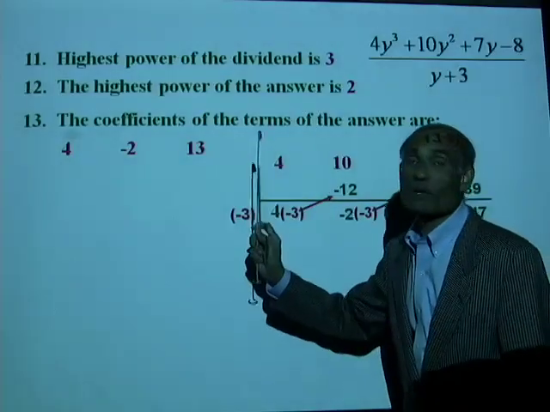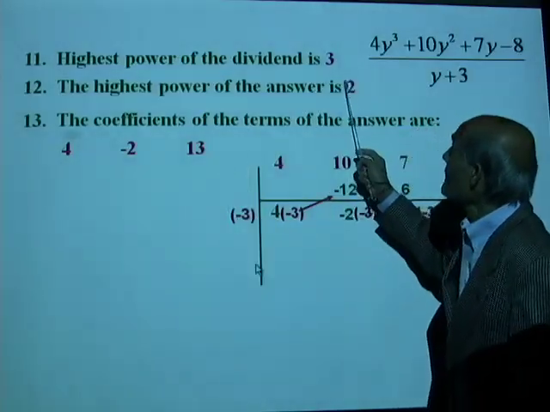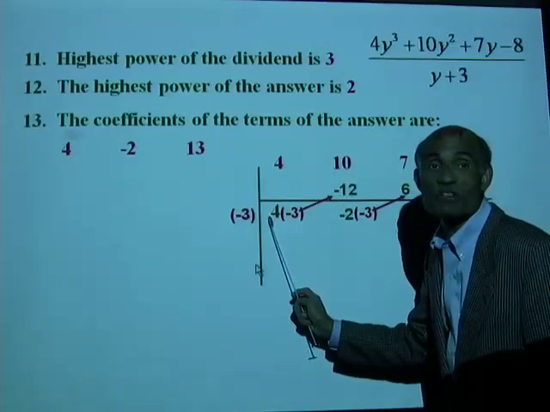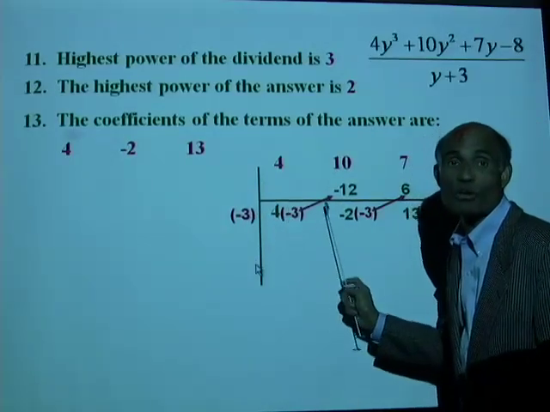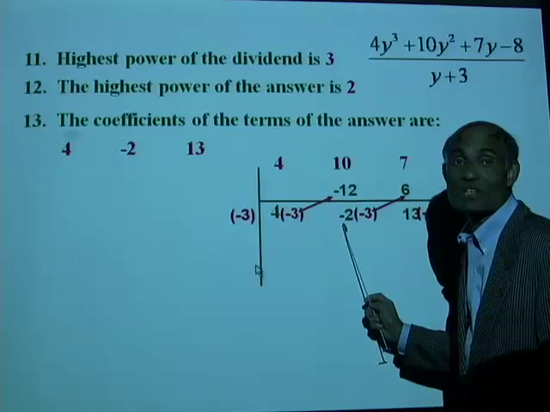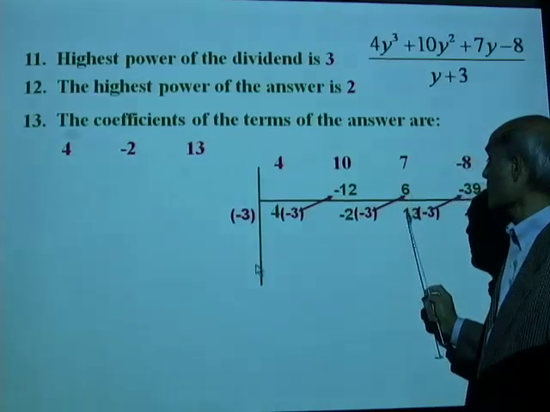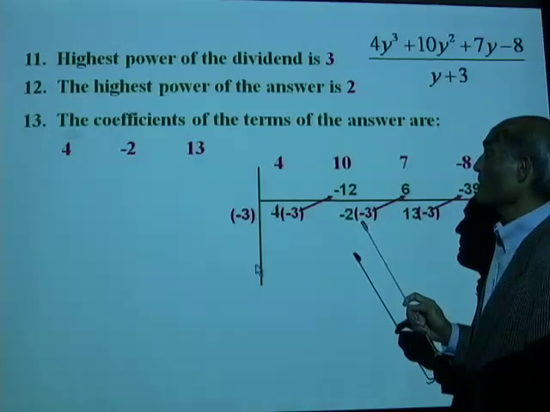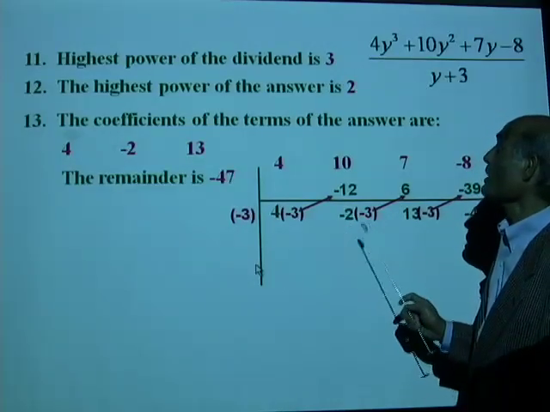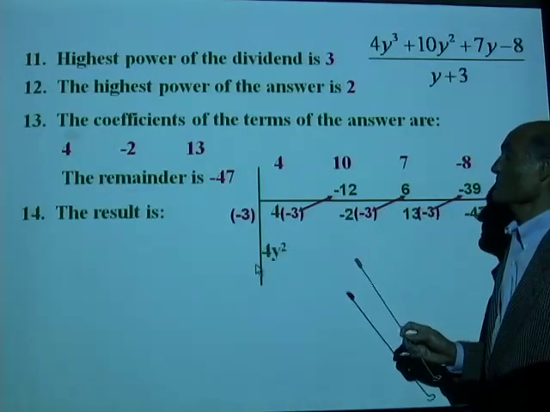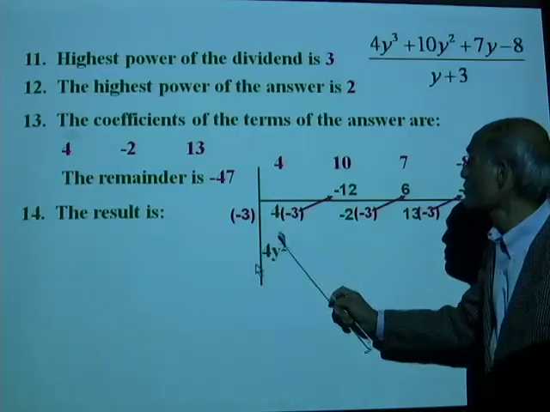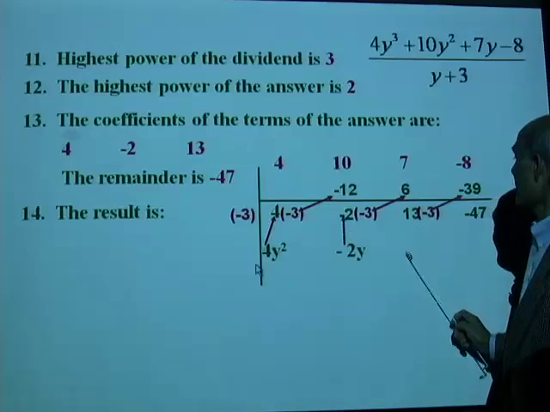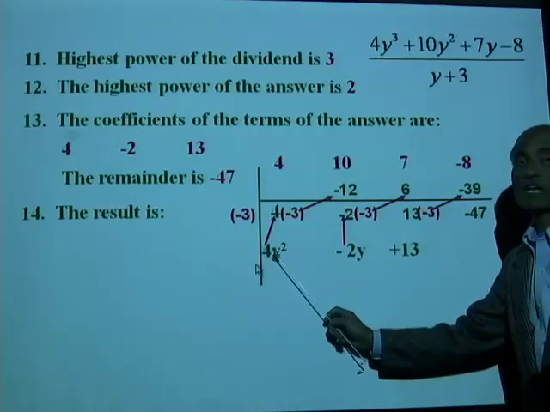So the result will be an expression of power 2, and the coefficient of the first term will be 4, the coefficient of the second term will be negative 2, the coefficient of the third term will be 13. So what is our expression? Our result is 4y squared minus 2y plus 13.